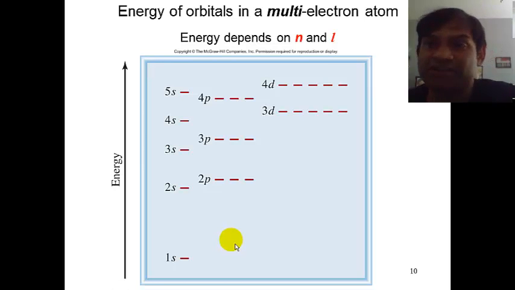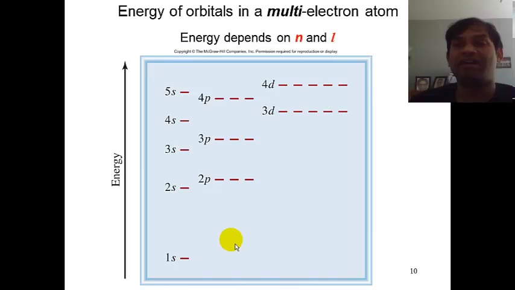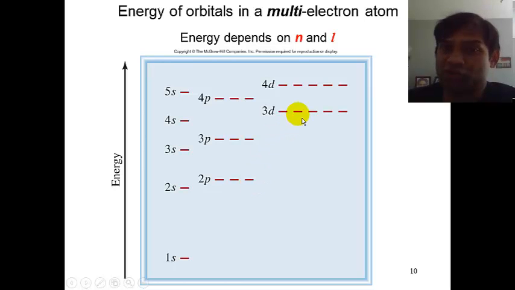Obviously, as you increase in atomic number in the periodic table, you're going to go farther away from the nucleus. Once again, your L is going to be 0 for S, 1 for P, and 2 for D, and the M sub L is going to take on the positions of these individual subshells.